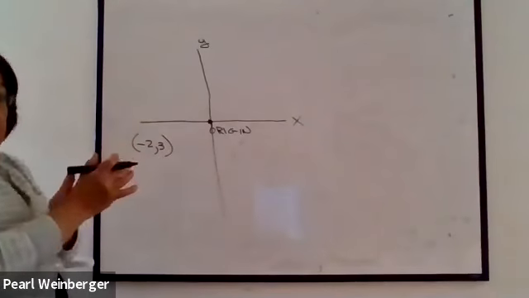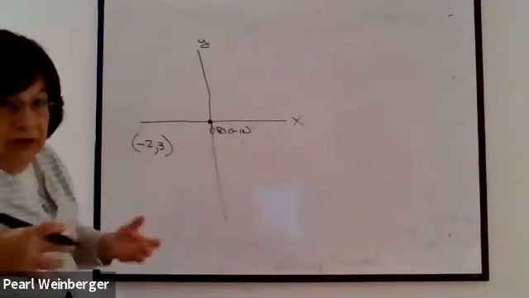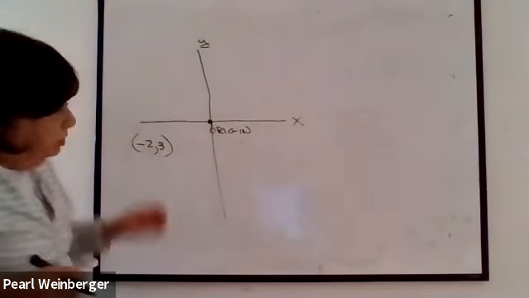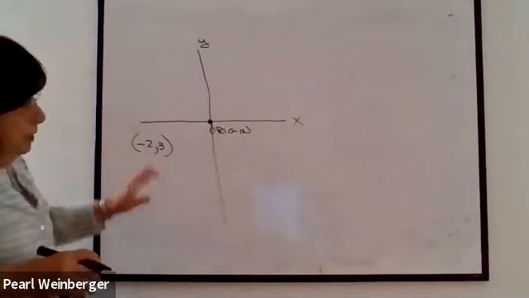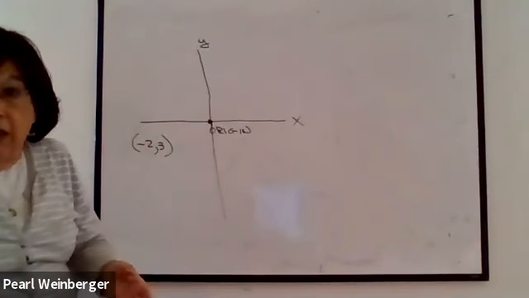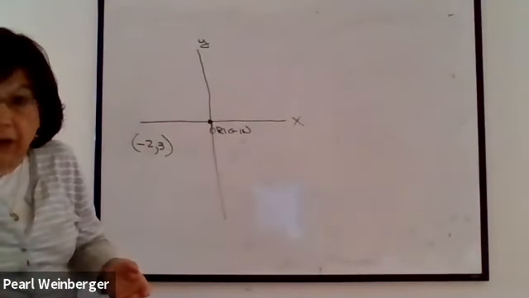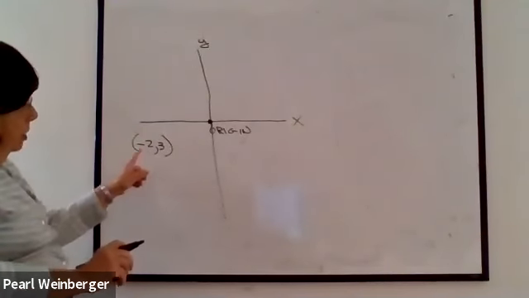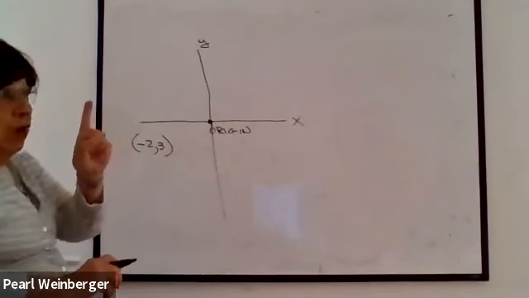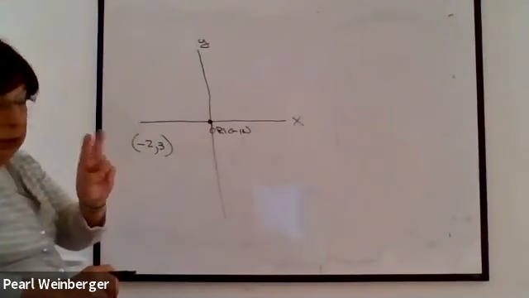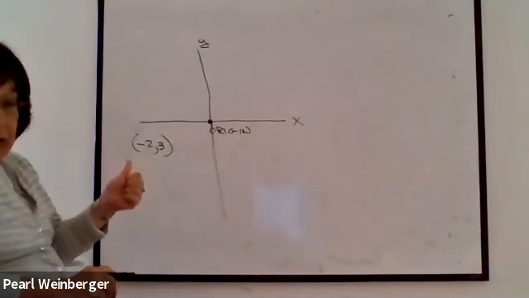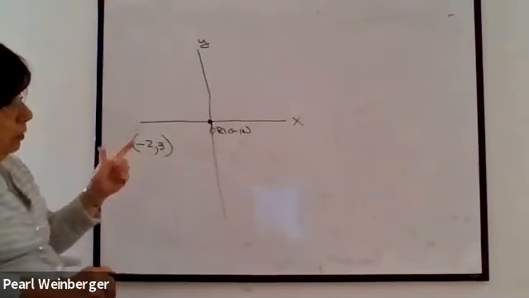We enclose it in parentheses so that you know you're talking about points, rather than just a list of numbers. For one point, we need two numbers: an x coordinate and a y coordinate.